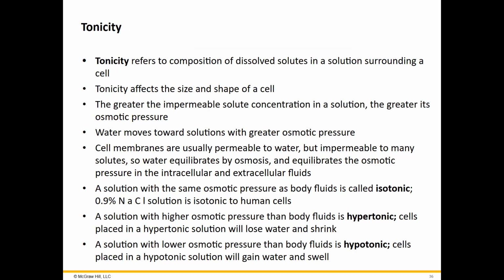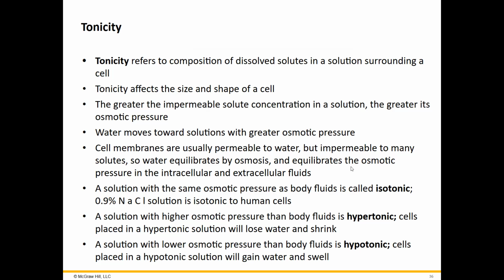And because osmosis is weird, we talk about tonicity. So I don't want you to worry about all of the jargon on this page. What I want you to know is tonicity affects the size and the shape of a cell. If you have a substance that has the same osmotic pressure inside the cell and outside the cell, we call that isotonic.